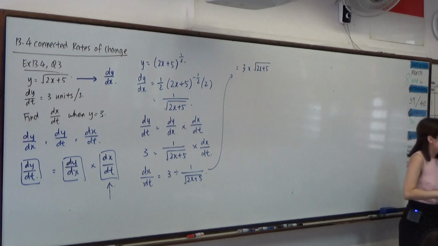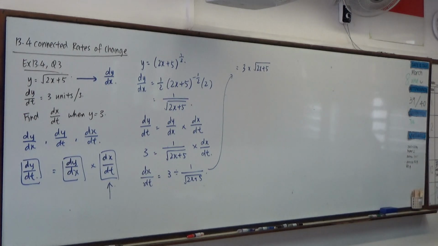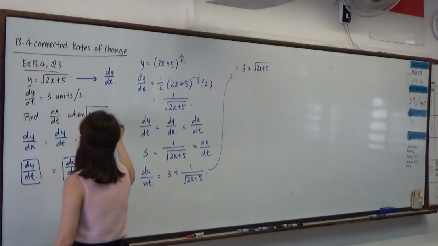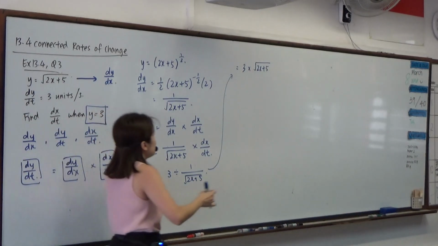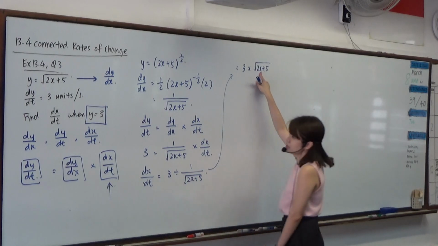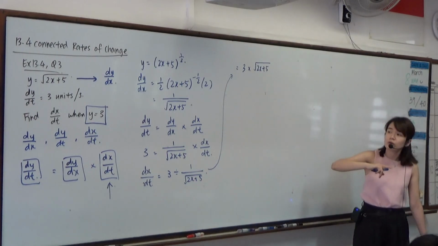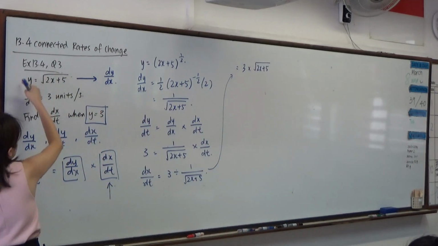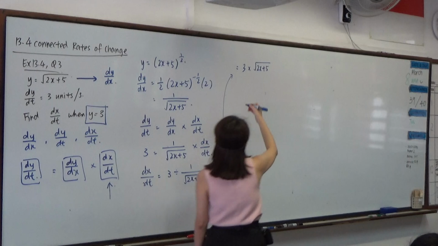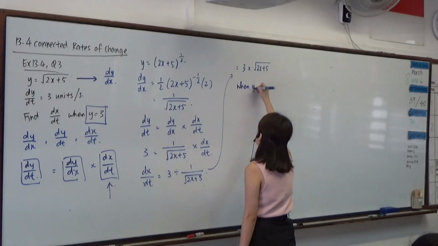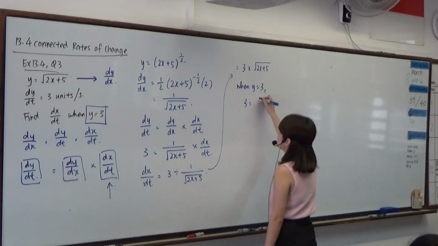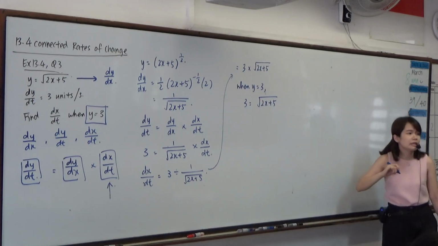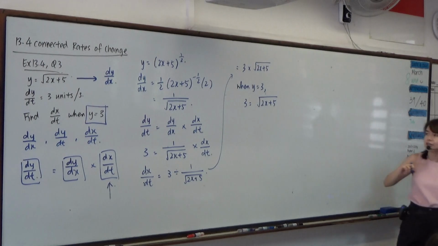Now, in order to find out the exact value of dx over dt when y is equal to 3, I must have the value of x because this is in terms of x. So what we need to do with this y equals 3 is that we place it inside the original equation, such that 3 equals square root 2x plus 5.